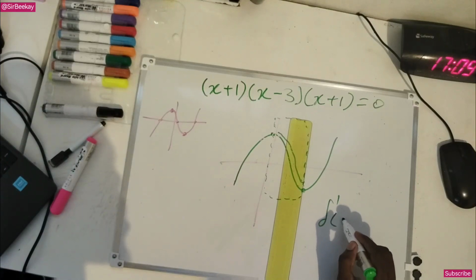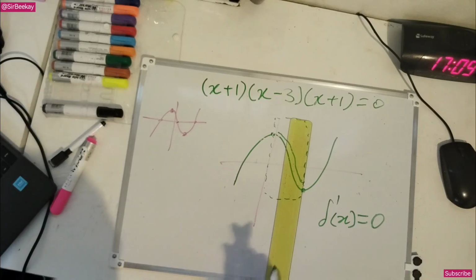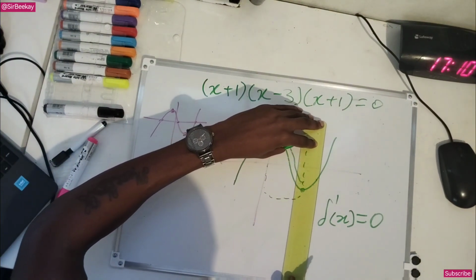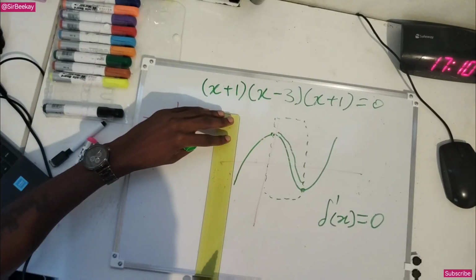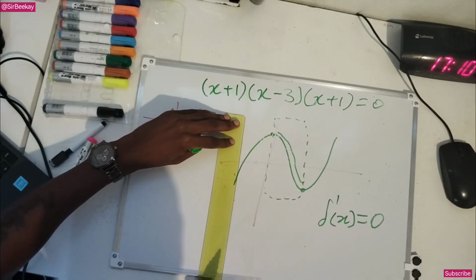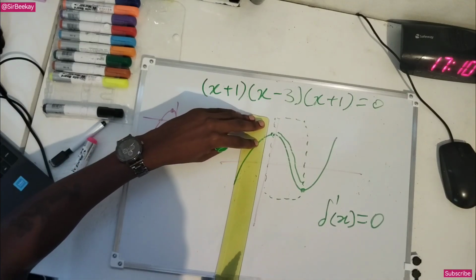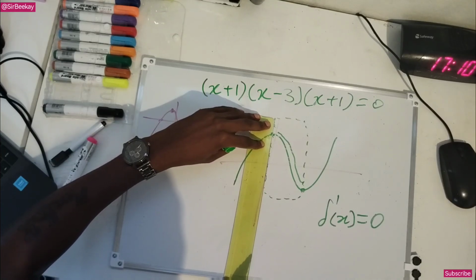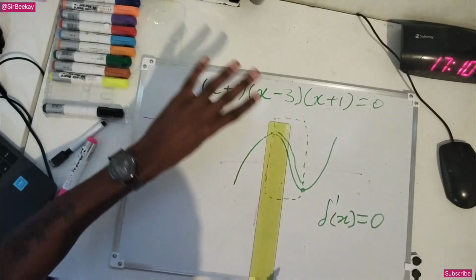So if our gradient doesn't change there, it means f prime x will become 0 at that point. After this point, then it starts again to increase. And it does the same thing this side. It starts by decreasing, it starts by increasing. Then all of a sudden, it stops increasing. Then after that point, it starts decreasing.